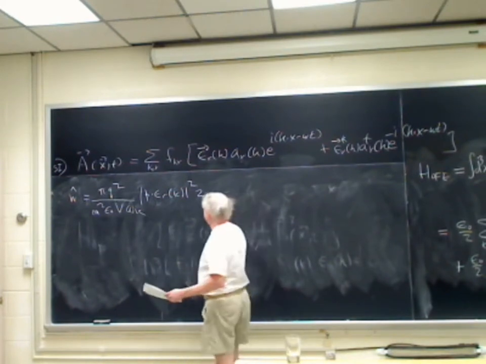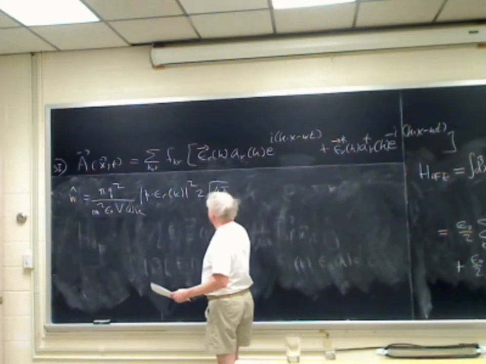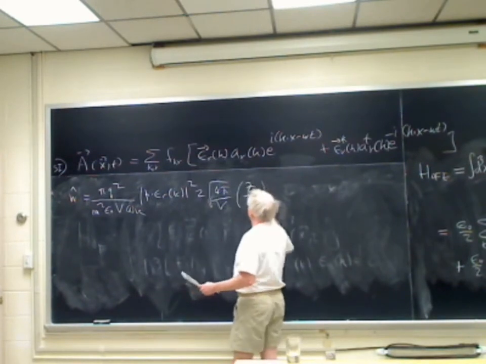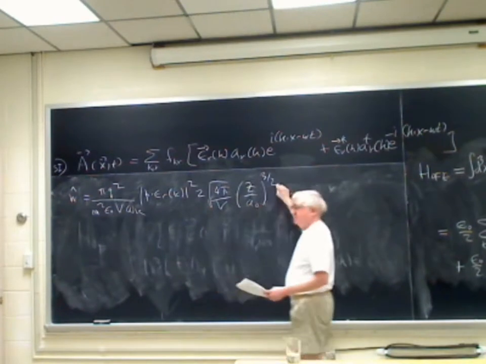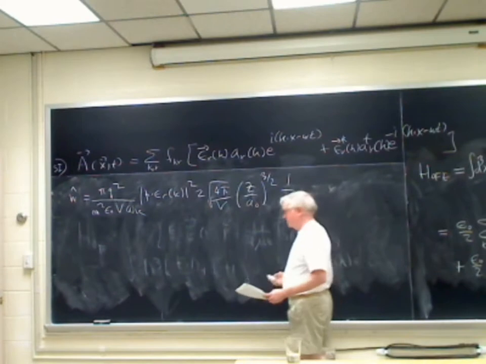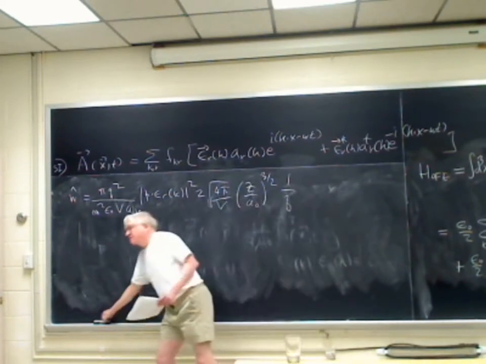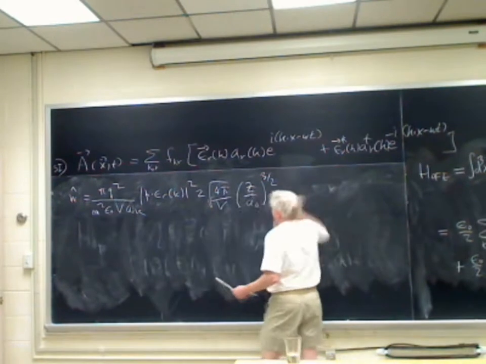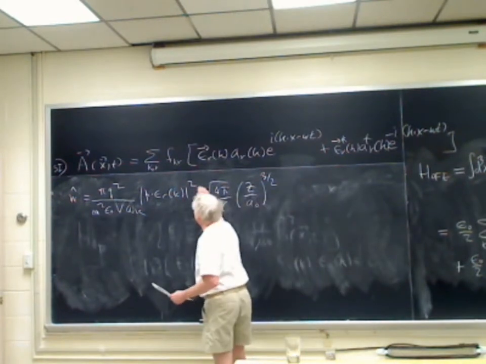Okay, 2 square root of 4 pi over v, Z over A0 to the 3 halves, 1 over q, or 1 over q to q is kind of silly. There's also a 2. Let's clean this up a little bit.